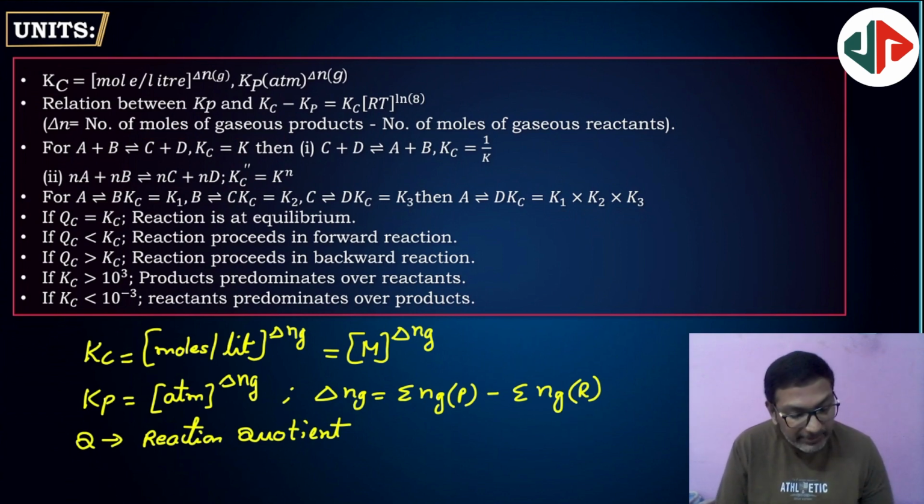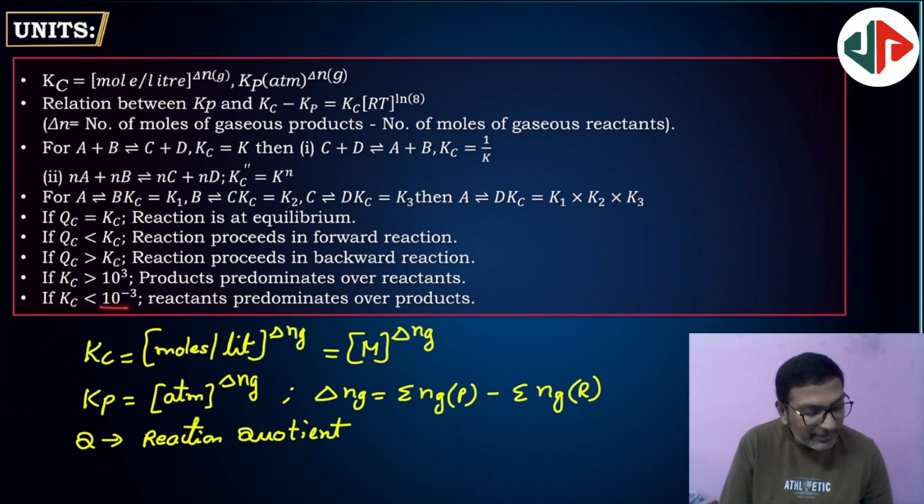If Qc equals Kc, then the reaction is at equilibrium. If Qc is less than Kc, the reaction goes forward. If greater than Kc, backward. Next, if Kc is greater than 10 power 3, products are dominating over reactants.